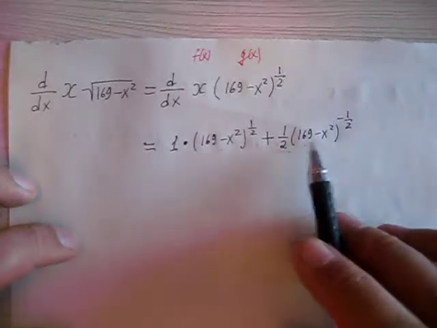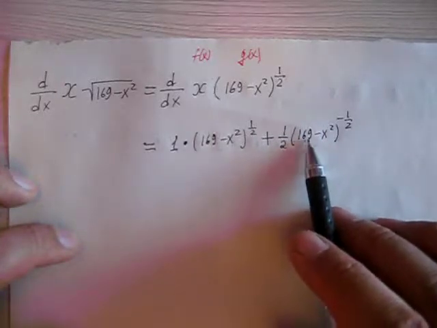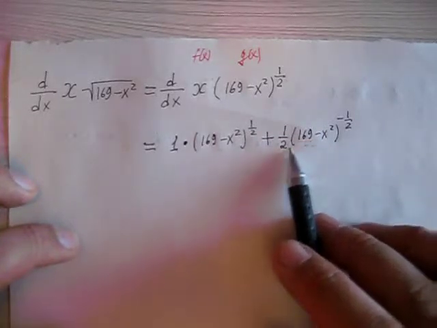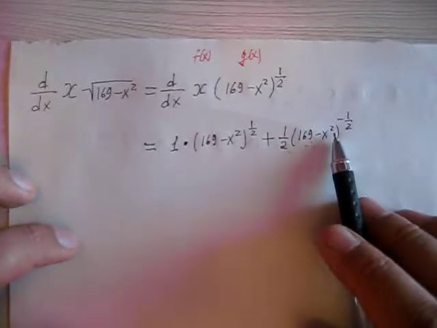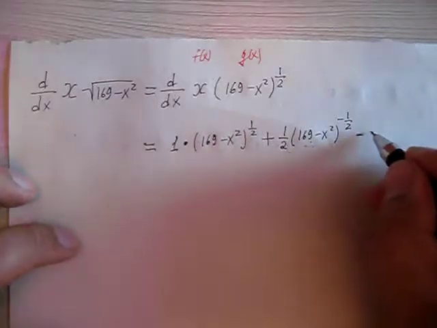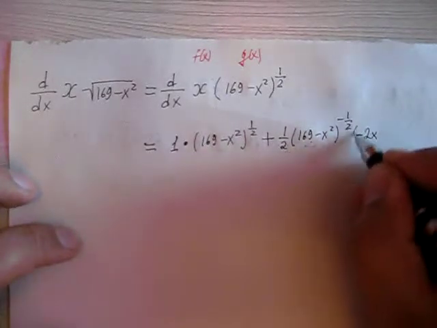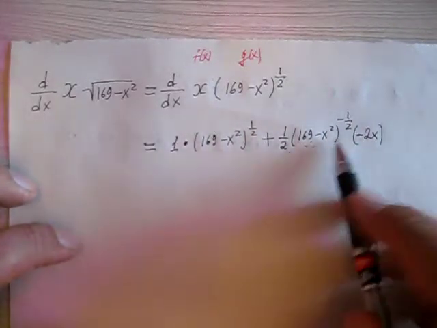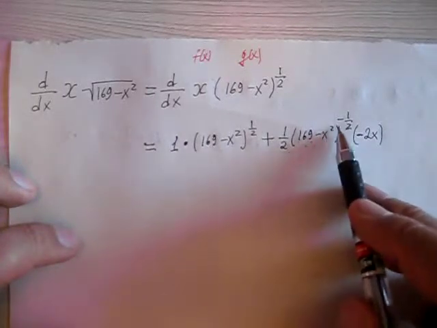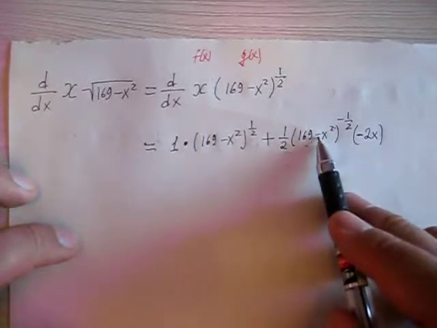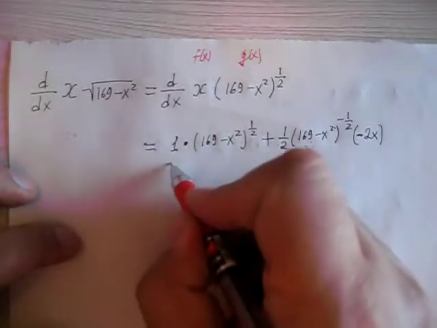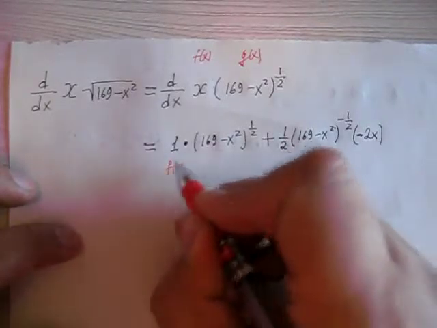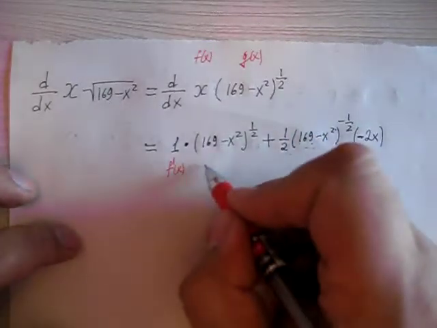So the derivative of 169 is 0 because it's a constant number, and the derivative of minus x squared will be minus 2x, because we are taking 2 in front and subtracting 1, and don't forget this minus sign also. So this is our f prime of x.